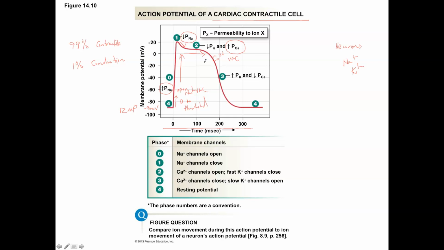So calcium voltage gated channels open, allowing calcium influx into the cells, which is essentially maintaining this depolarized state. Calcium voltage gated channels, though, are eventually going to close, and so we're going to see a decrease in calcium permeability, and then an increase in potassium permeability.